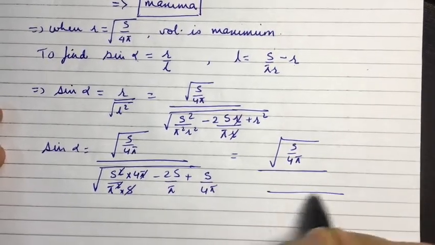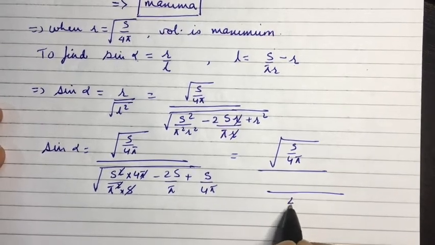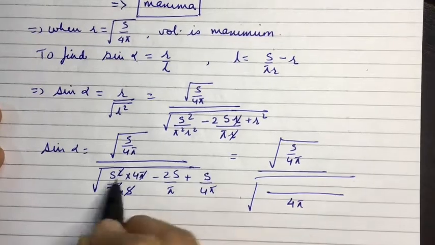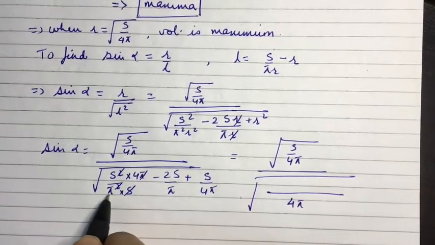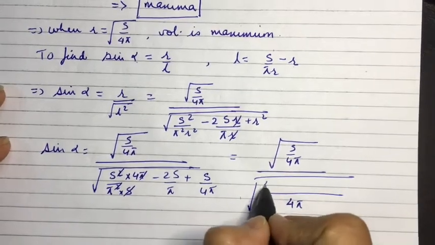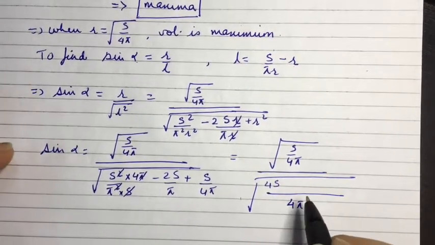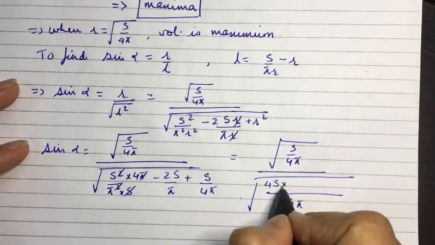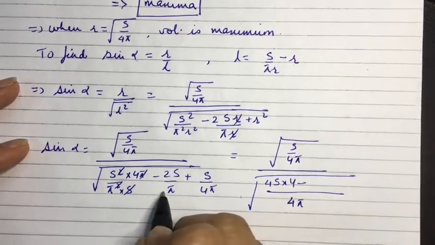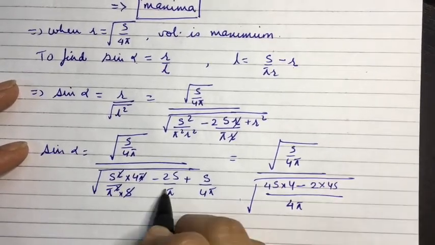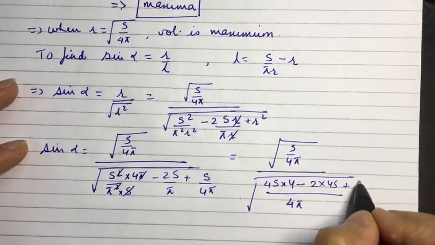So we take the LCM as 4 pi and we get, now here the denominator is pi, so we have got 4s here, and to make it 4 pi we multiply it by 4 minus, this is 2 into 4 to make it 4 pi plus s.